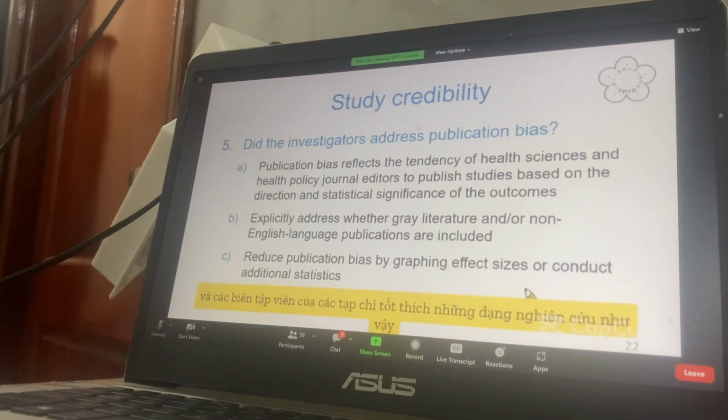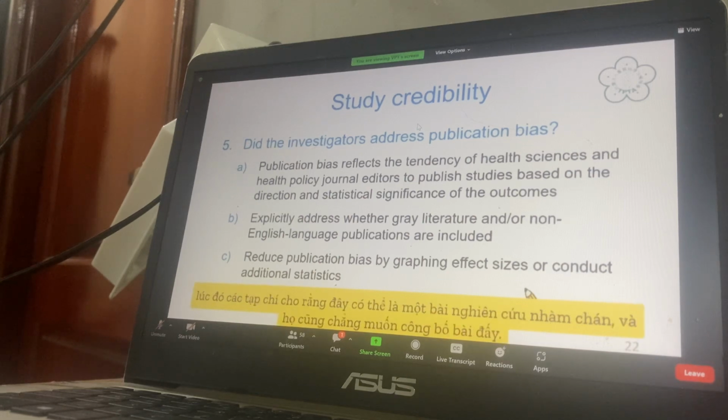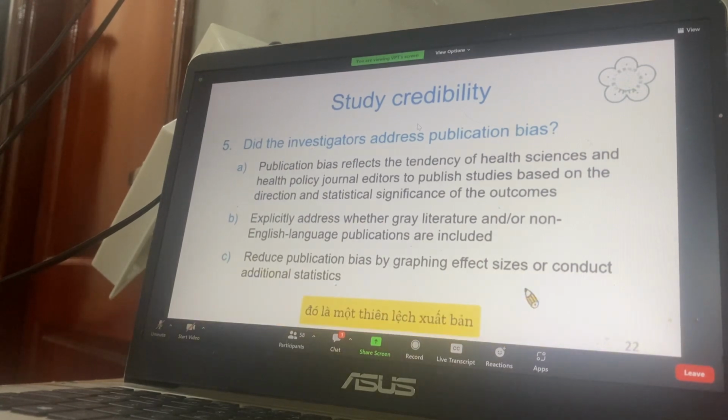It's like the editors of the journal tend to like those kinds of articles. And that means a lot of the time, if a study found no significant differences between 2 or 3 groups, then the journal probably would think this is a boring article and wouldn't want to publish that article. That is a publication bias.